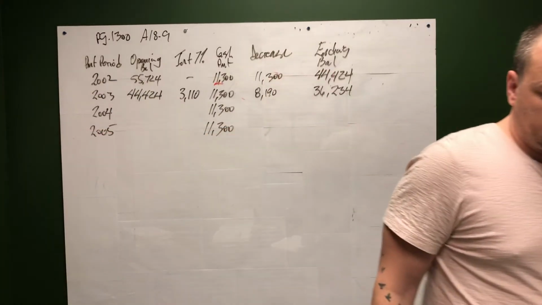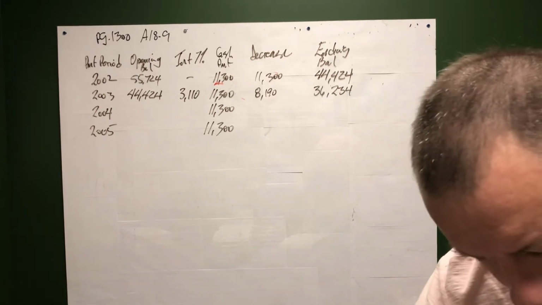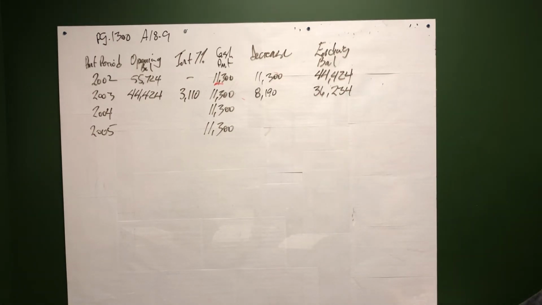Now, at the end of the year, we have to figure out how much interest we are using. 7% times 44,424 is 3,110.